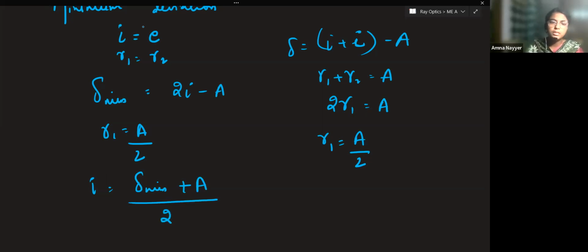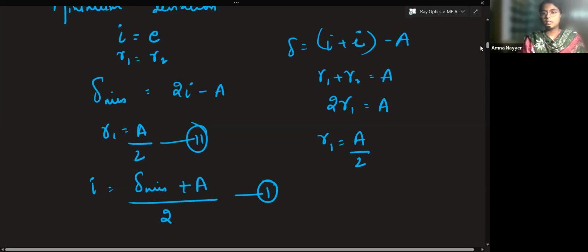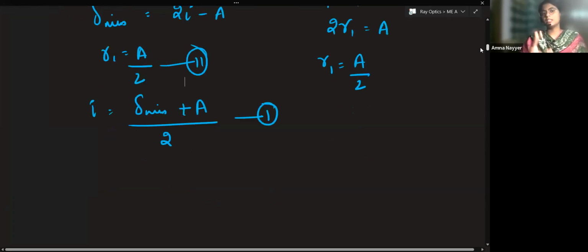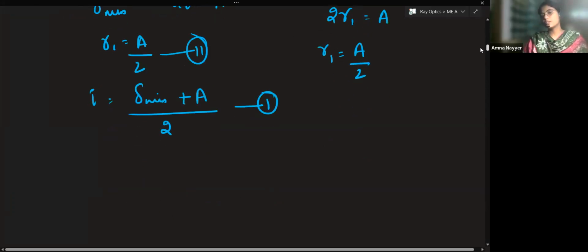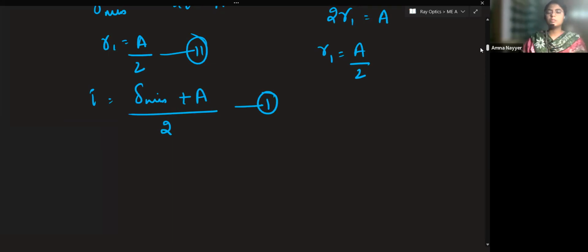From this equation. So you have two equations, first and second, which are required by you. First, tell me, these two equations are clear? How to write these? Yes. Clear? Others also? Only those equations are used. It's just that R1 is equal to R2 and I is equal to E.